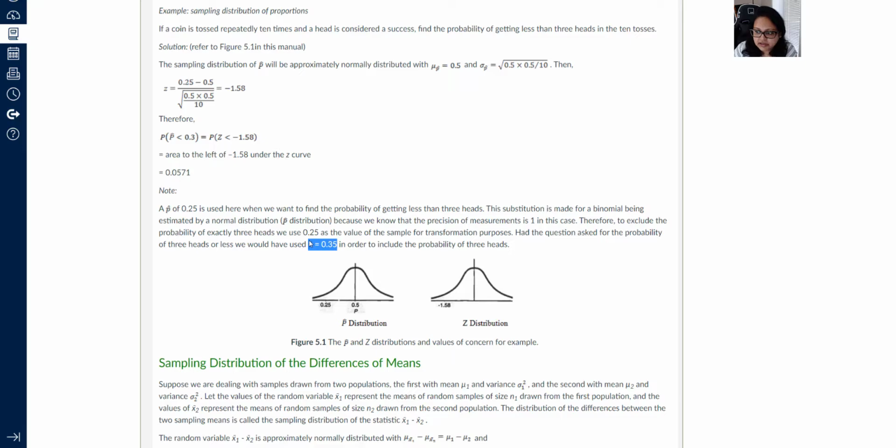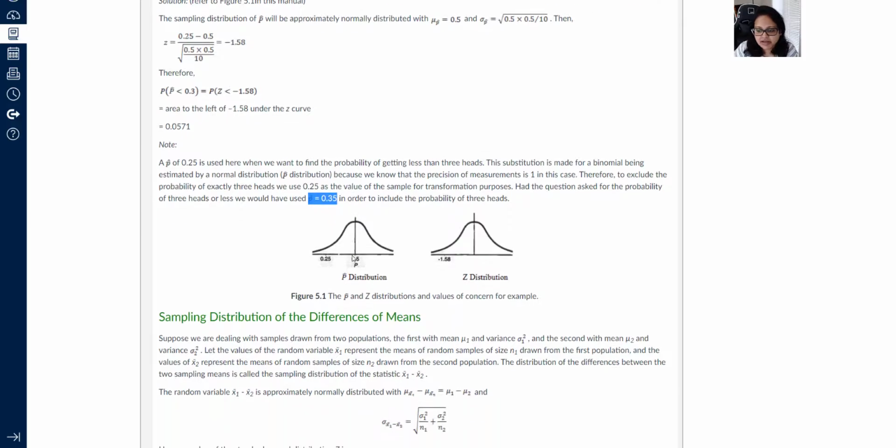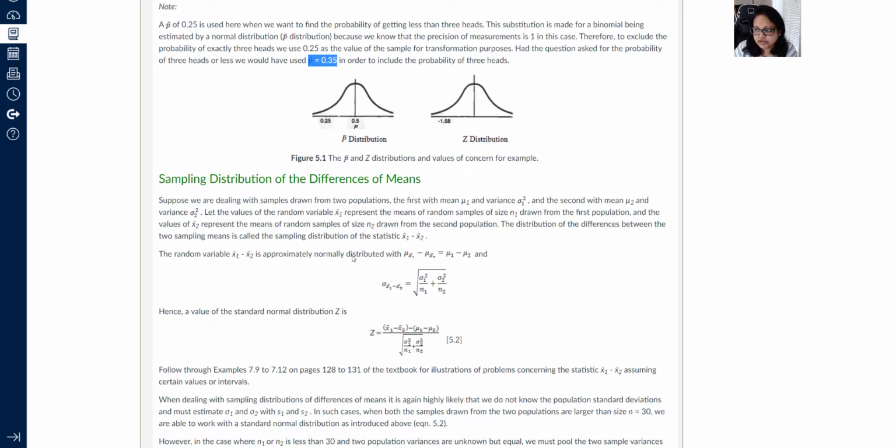Let's not complicate that. So if you want, you can use 0.3 for less than 3, or if you want to include exactly 3, then it should be fine.